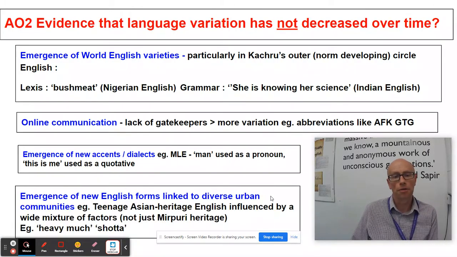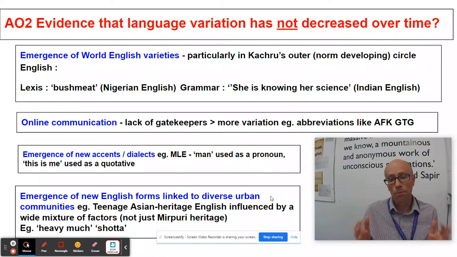You've also got the emergence of other new English forms. It's not just MLE, but you've got other diverse urban communities. And from the textbook, you've got the work done by Gary Ives, where he's looked at teenage Asian heritage English and seen that it's actually influenced by such a wide range of different factors.